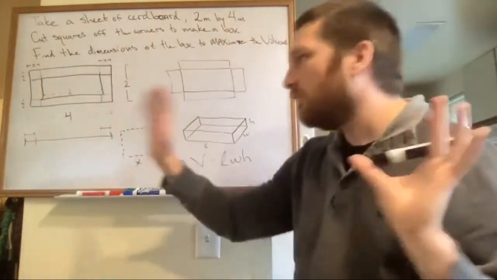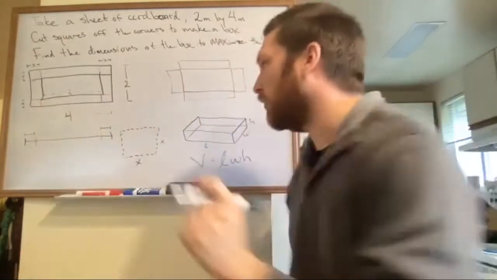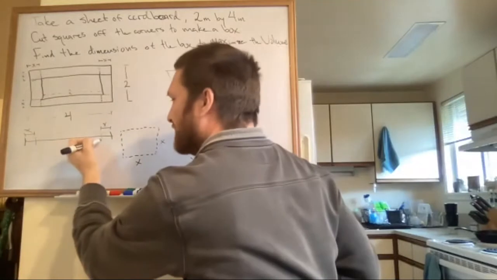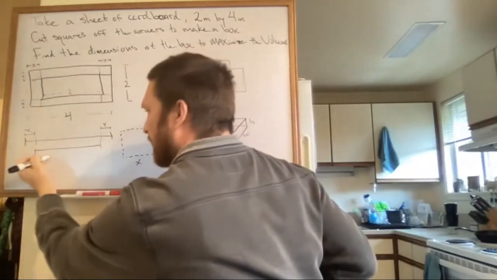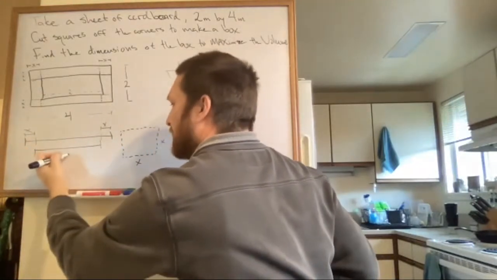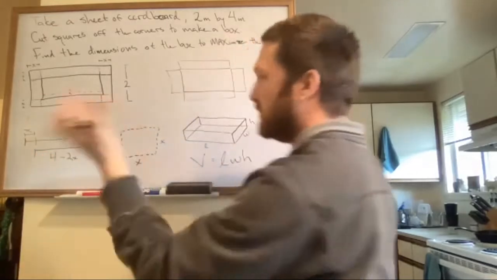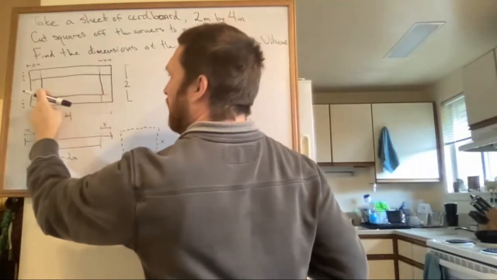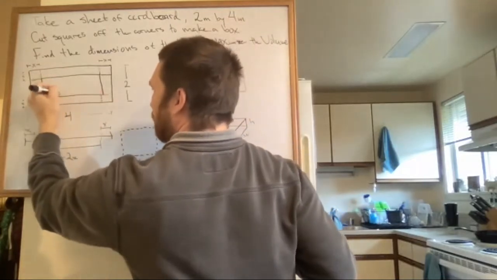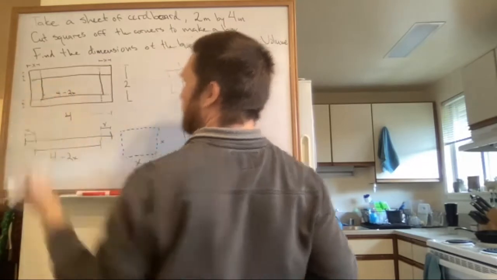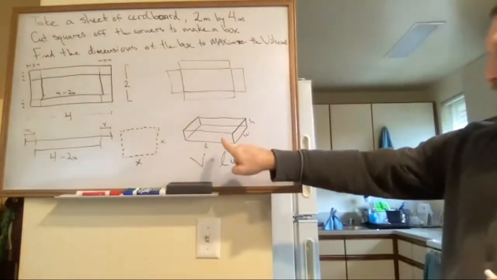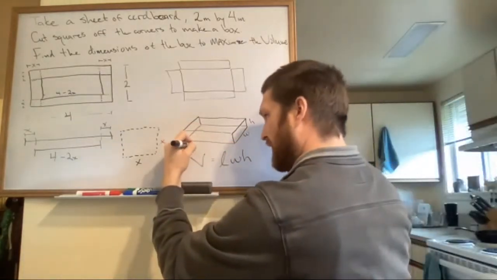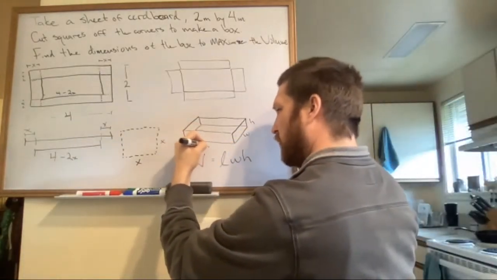The way I think about it is if I start with 4 and I chop off x on one side and x off the other side, then what's left over from here to here is 4 minus 2x, which is what you just said. So that inner length is 4 minus 2x right there, which means that L, that length right there, I'm going to leave it as L equals 4 minus 2x.